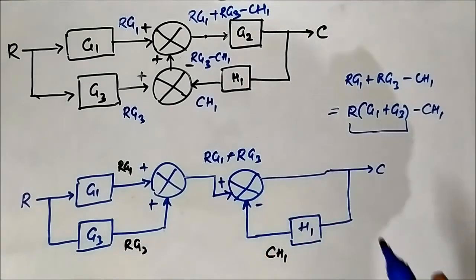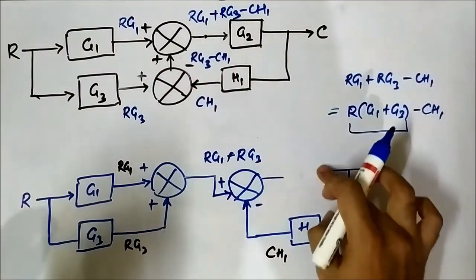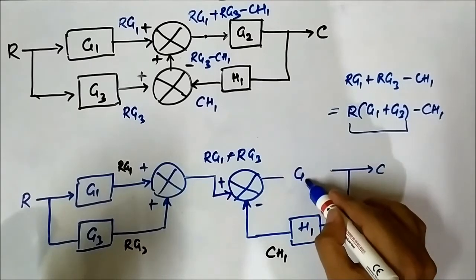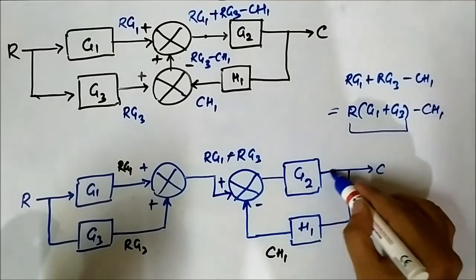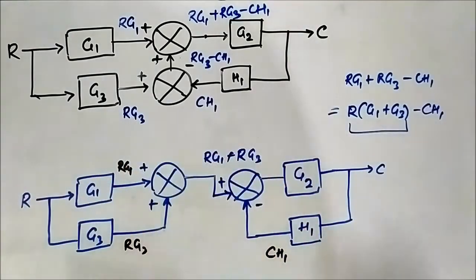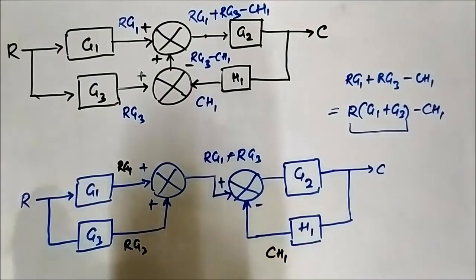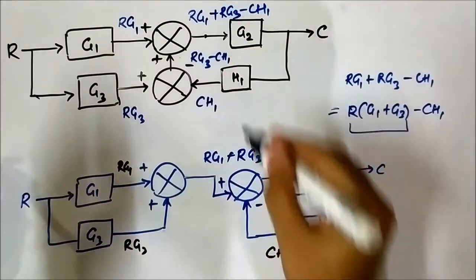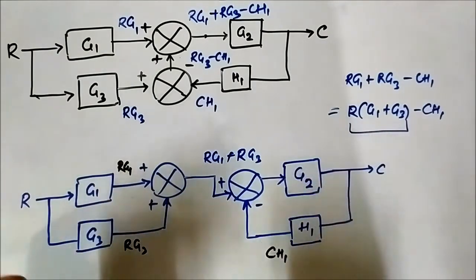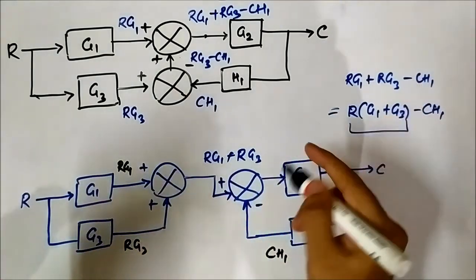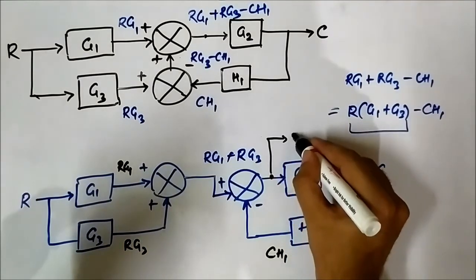Again we missed this block G2, which is there. So we arrange the blocks and the summing points in such a way that the input to this block G2 is RG1 plus RG3. At this point it is RG1.